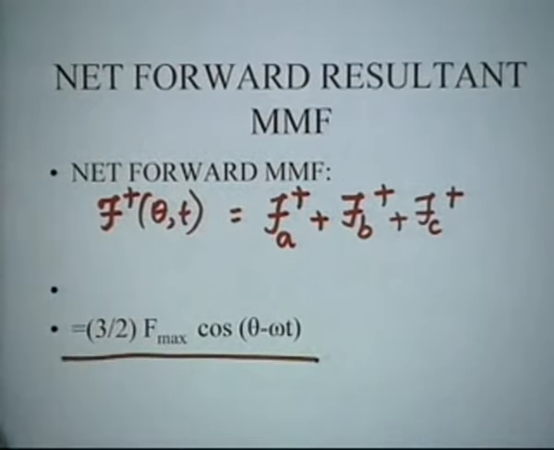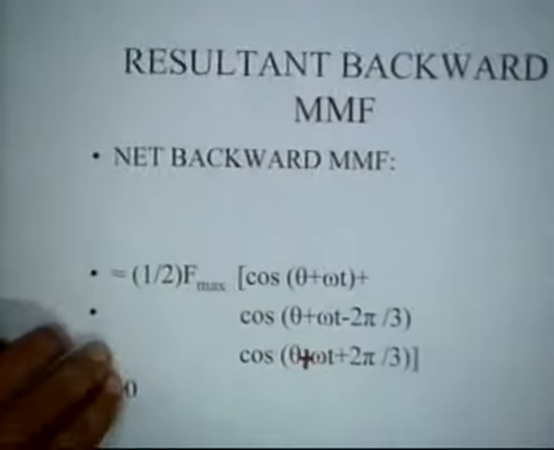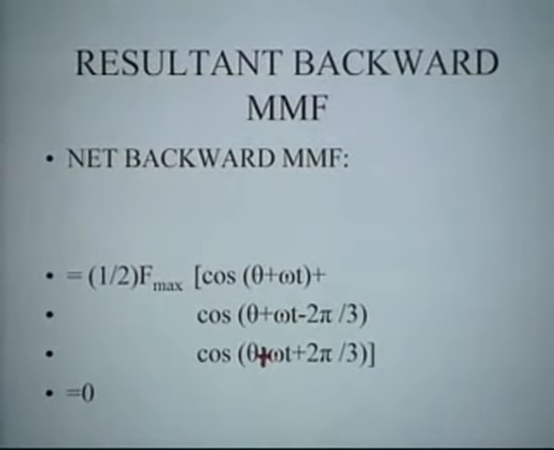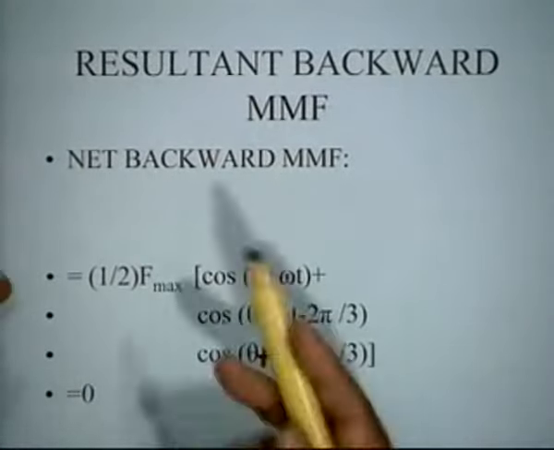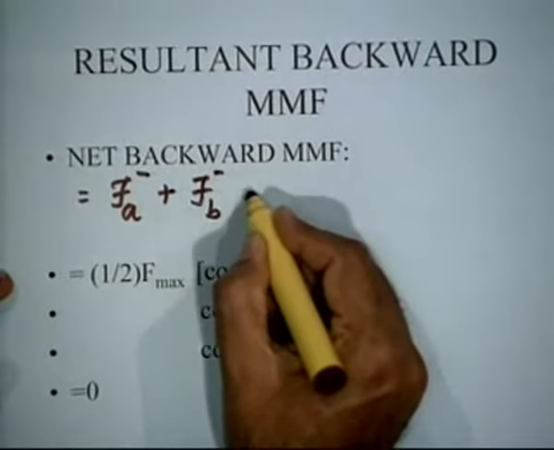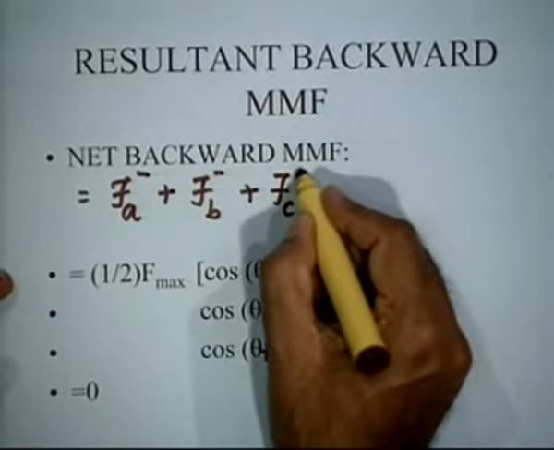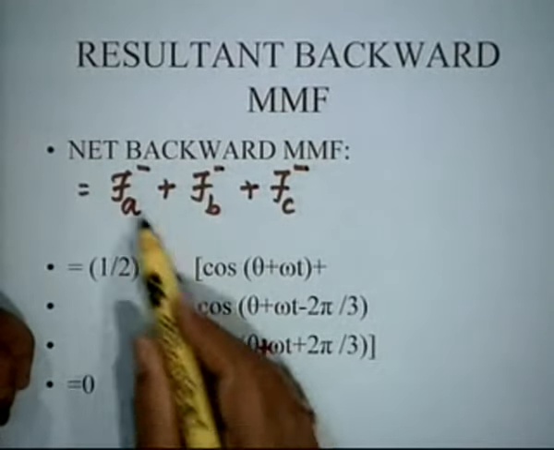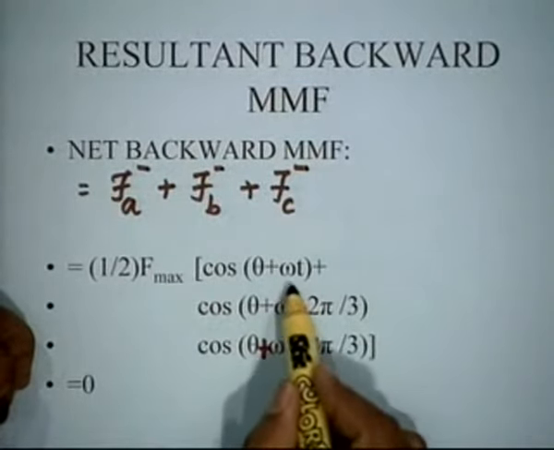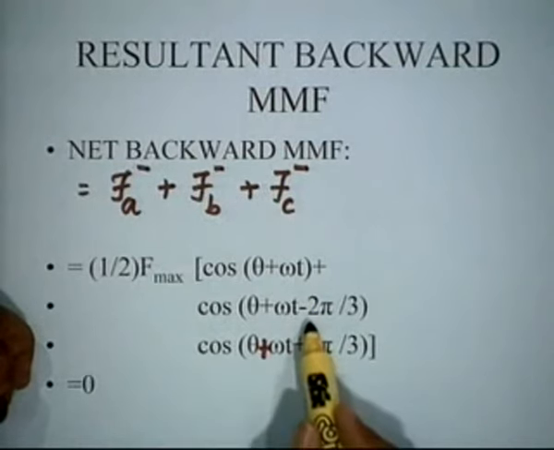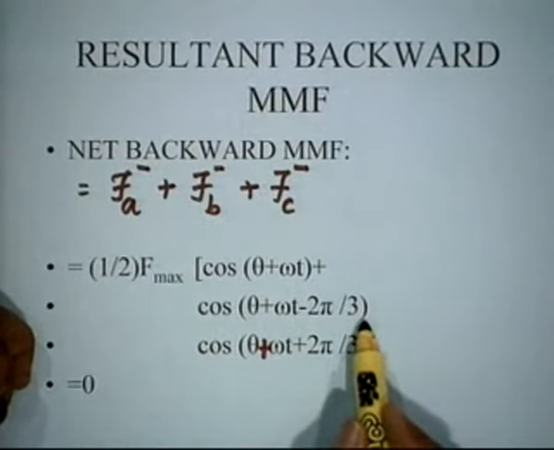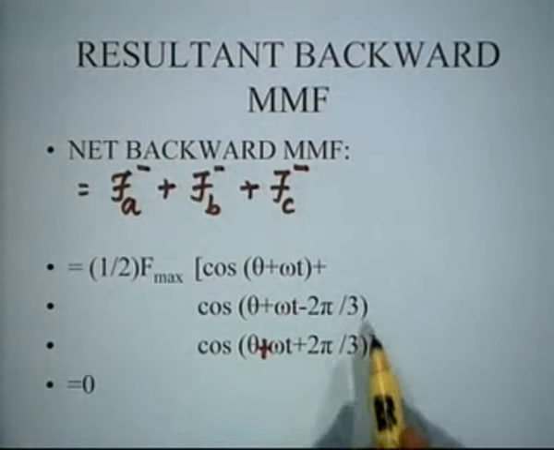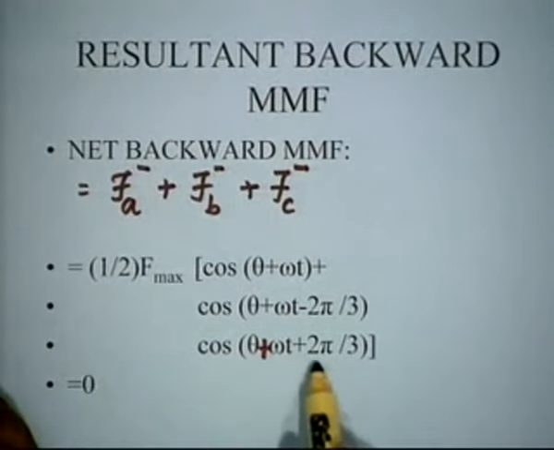Net backward MMF, resultant backward MMF would be basically Fa minus plus Fb minus plus Fc minus. Fa minus will be theta plus omega t, then minus 2 pi by 3, because plus 4 pi by 3, and then this will be plus 2 pi by 3.